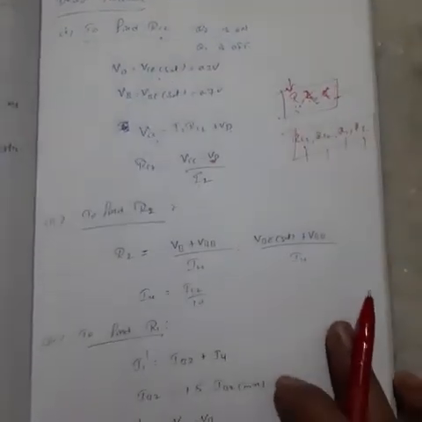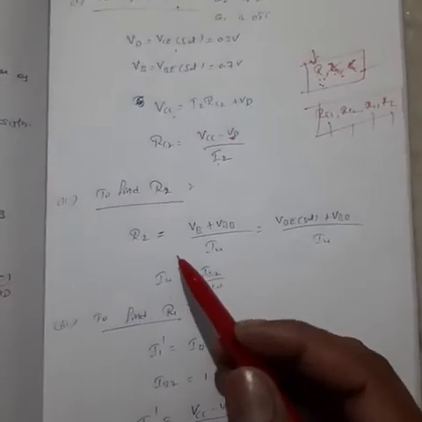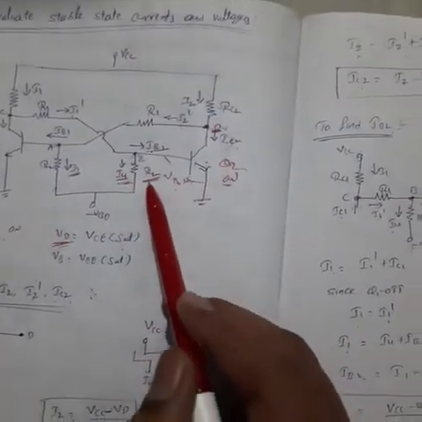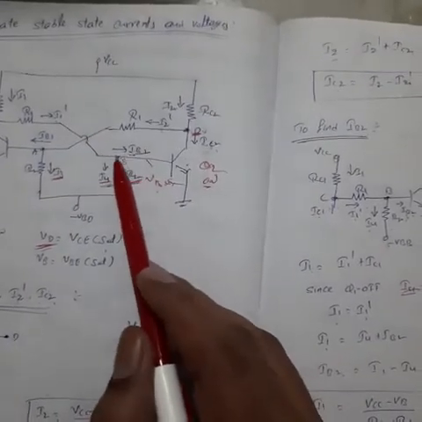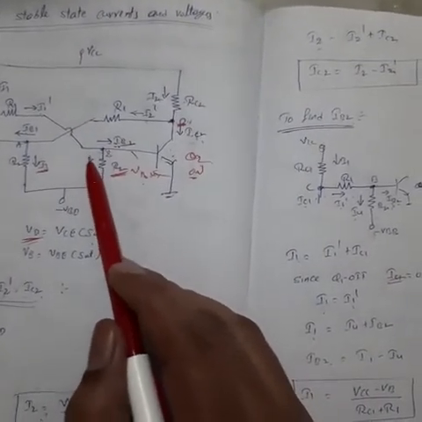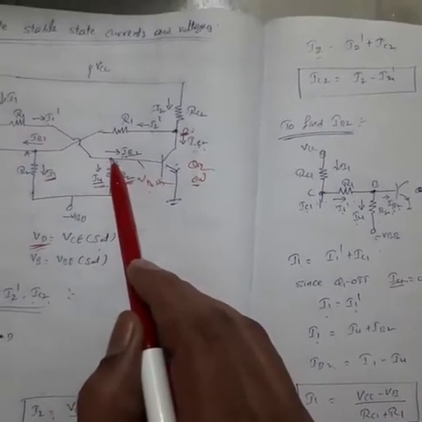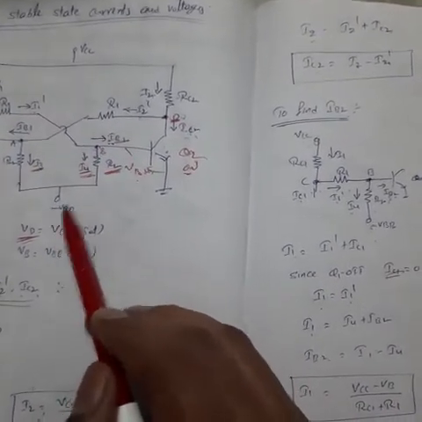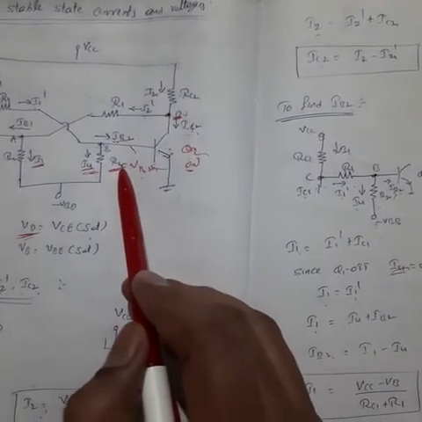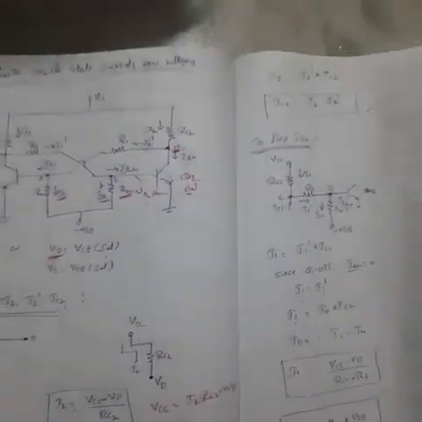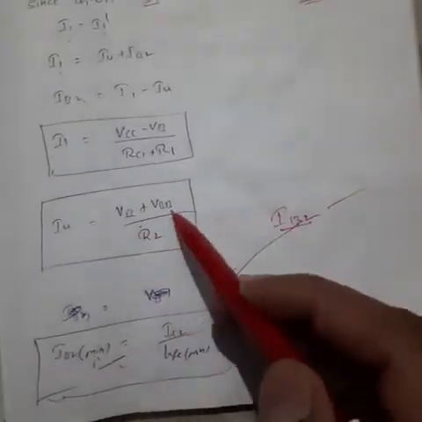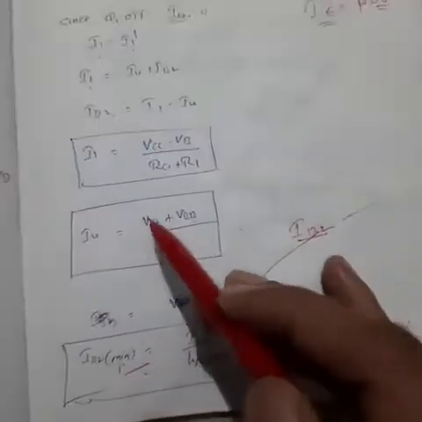Next, to find R2. To find this R2, just write the current equation. We already know that I4 equal to VB plus VBB by R2. From this, R2 equal to VB plus VBB by I4.